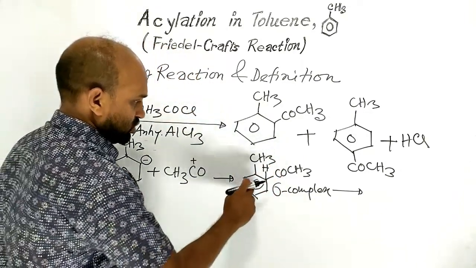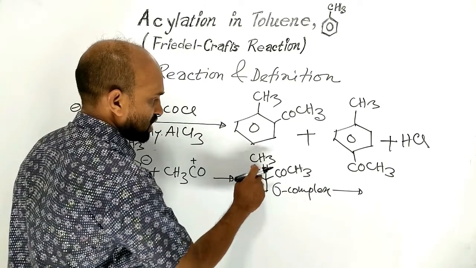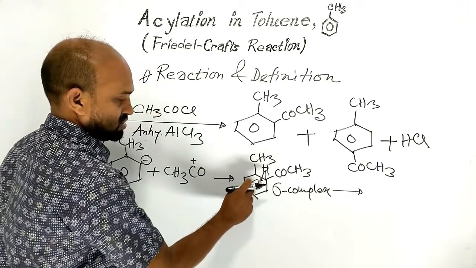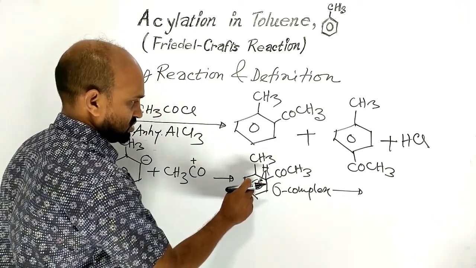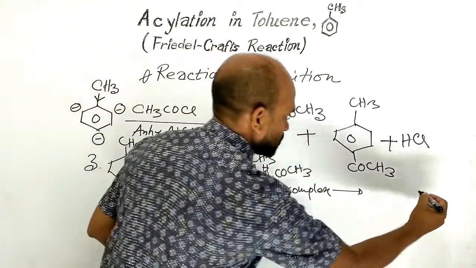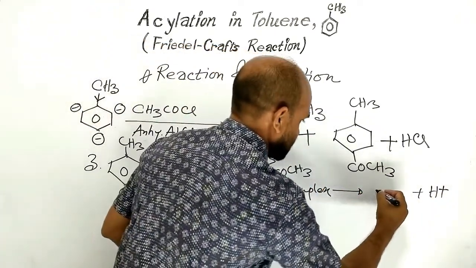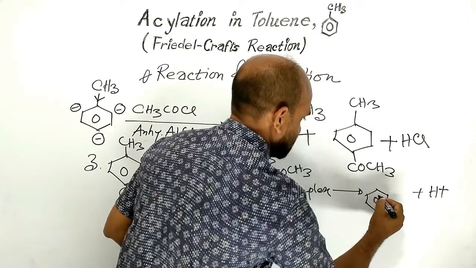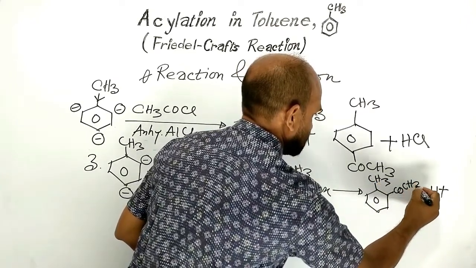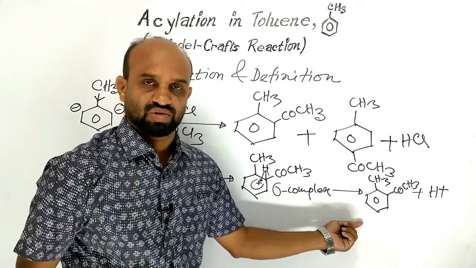Because of this positive charge, the covalently bonded electrons of the carbon-hydrogen bond move towards the benzene ring to vanish the positive charge, and as a result this hydrogen is freed as a proton and one product is obtained. This is 2-methyl-acetophenone.